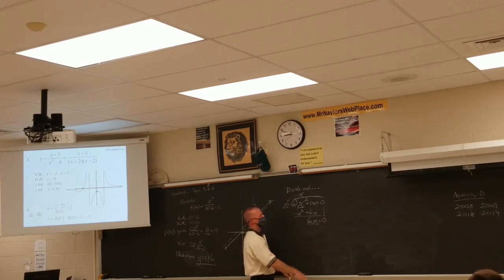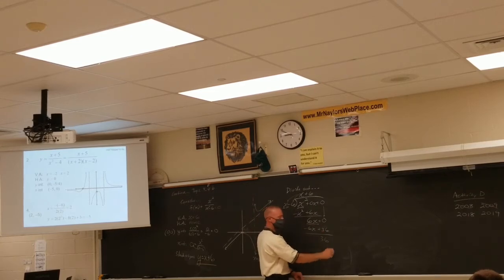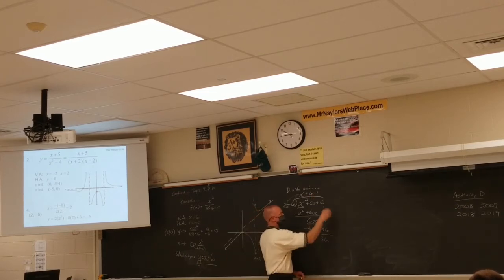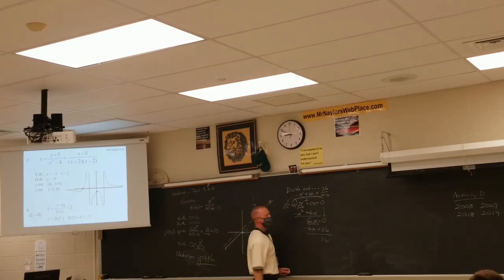Well, of course, it would be the number 6. And then I multiply them. And if you would like, you can subtract. I say if you like, because you'll discover that you have a little bit of a rule coming here. This 36 is the remainder. The remainder can be written over x minus 6.